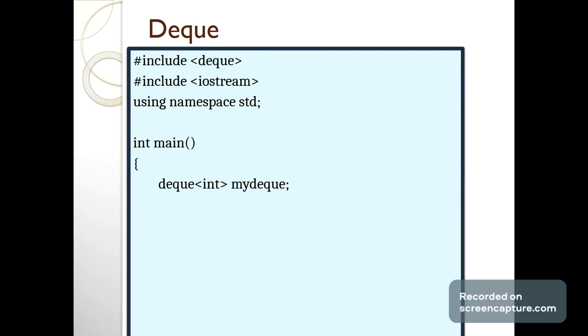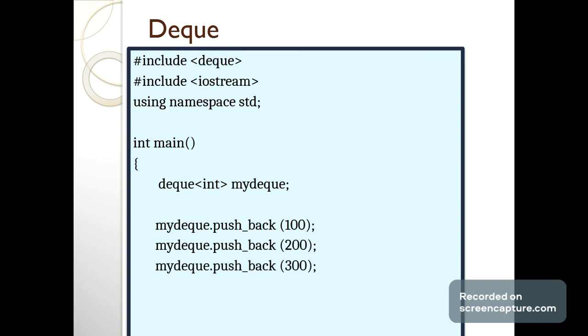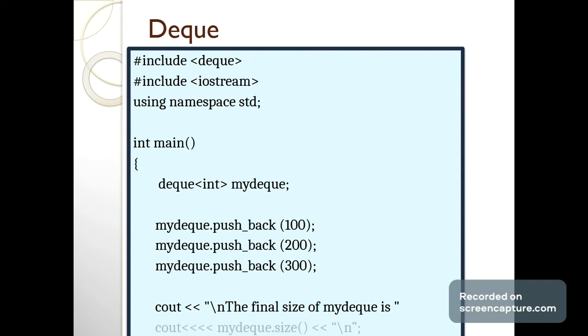I'm filling the deque with some elements using the push_back function, from 100, 200, 300. I'm pushing from the back, so 100 is my first element and 300 is my last element. After that, if I see the size of my deque, it becomes 3. I have used the deque dot size function for that.